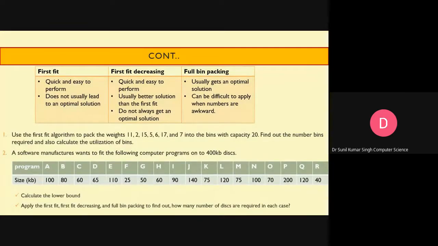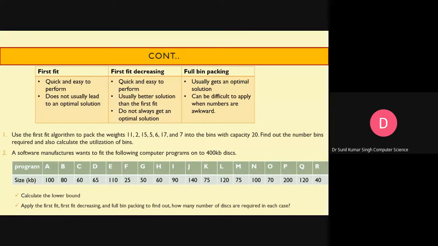Now, if we compare these three algorithms, first fit, first fit decreasing and full bin packing, you can see first fit is quick and easy to perform because no sorting is required.